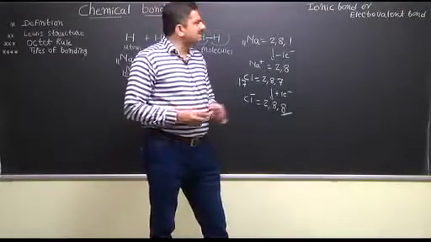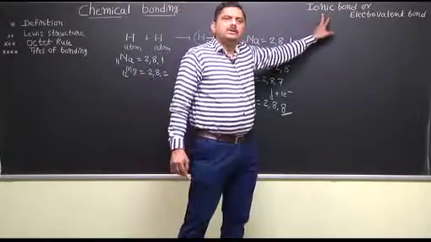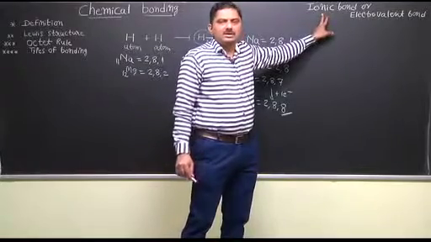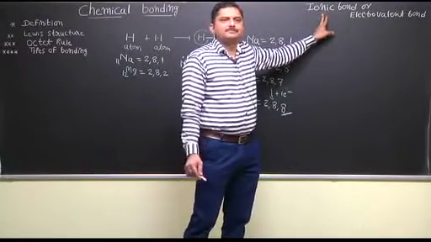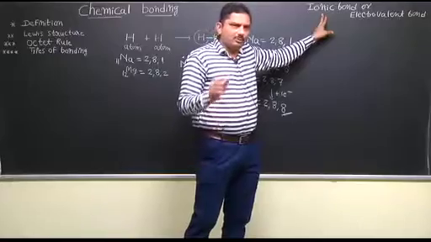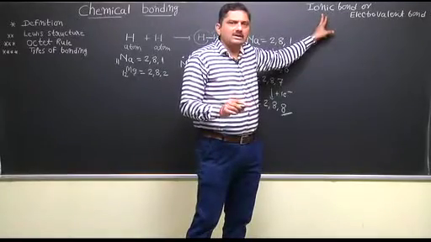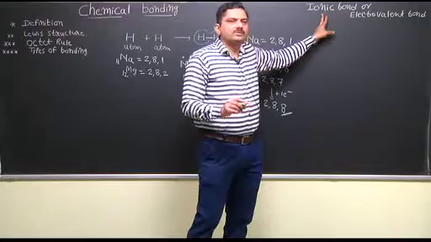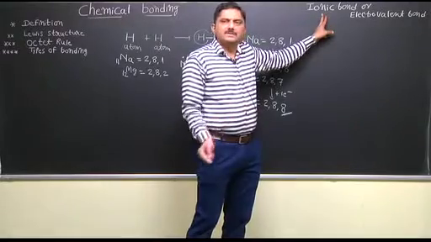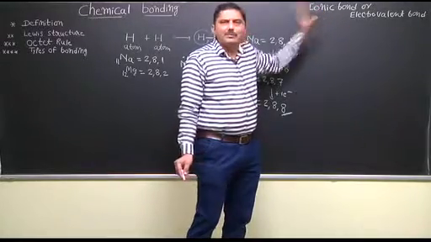As the name indicates, ionic bond means here formation of ions takes place. Formation of positive ions, cations, as well as formation of negative ions, anions takes place. Therefore, it is called an ionic bond.